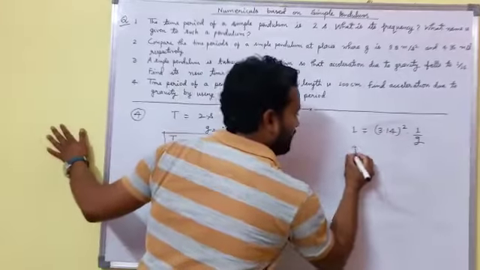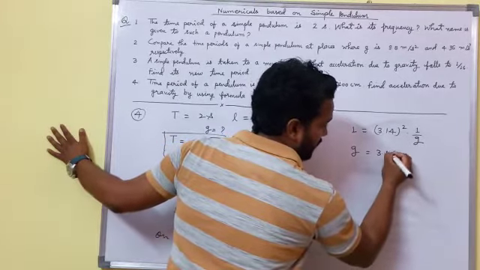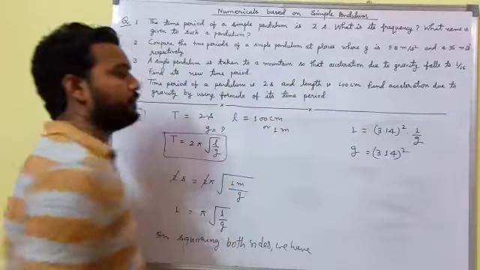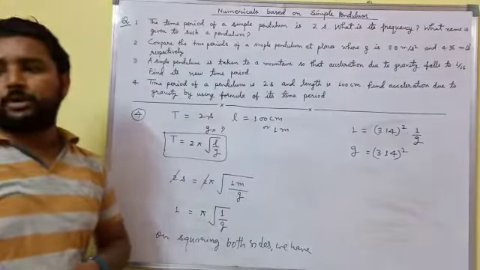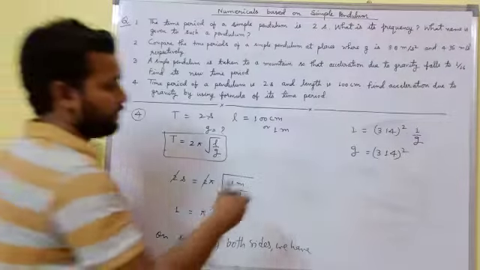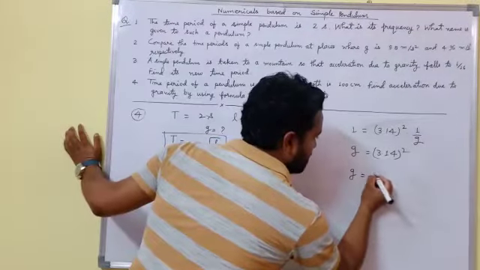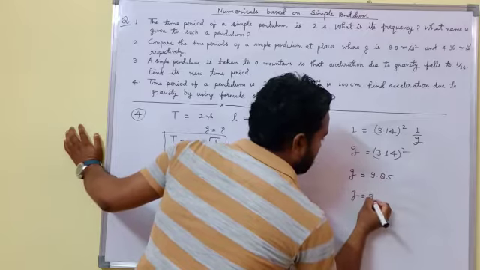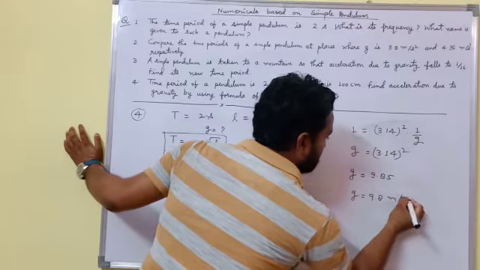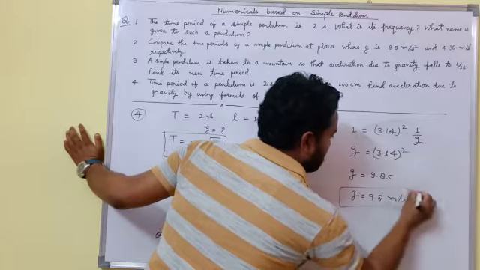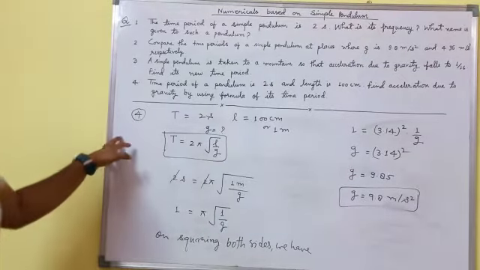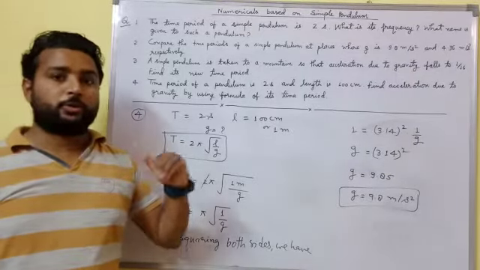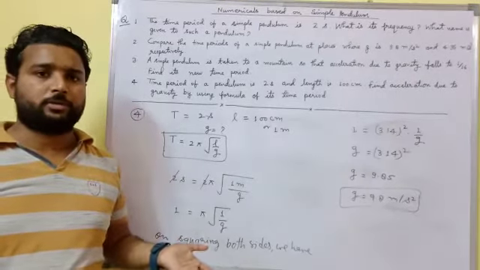Now after solving, we have g equals 3.14 square. The square of 3.14 will be near about 9.85. So g equals 9.85. You can write g equals 9.8 meter per second square. This is the value of acceleration due to gravity. Similarly, you can solve more problems from different books. Thank you.